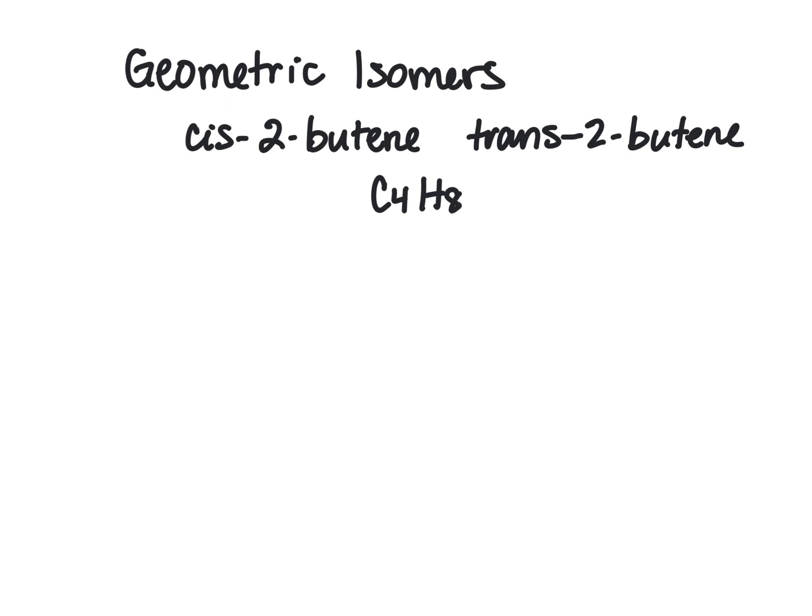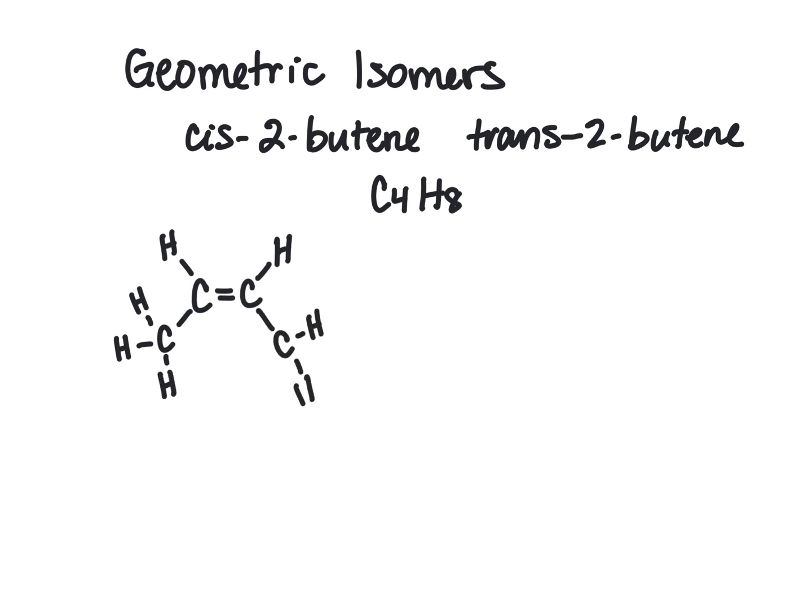However, cis-2-butene looks like this. There are 2 carbons that are doubly bonded together, and the rest of the molecule looks like this. Now in trans-2-butene, you've got those same centrally double bonded carbons.